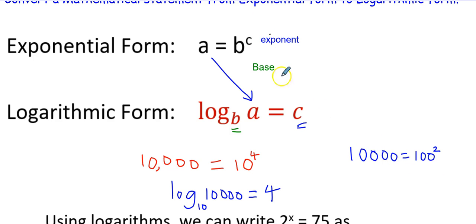Written in logarithmic form, it is log base 100 of 10,000. What is the answer? It is nothing but 2, because 100 squared is equal to 10,000.